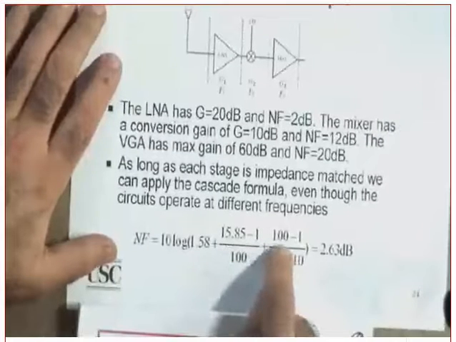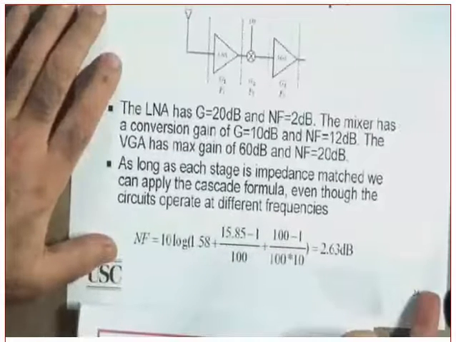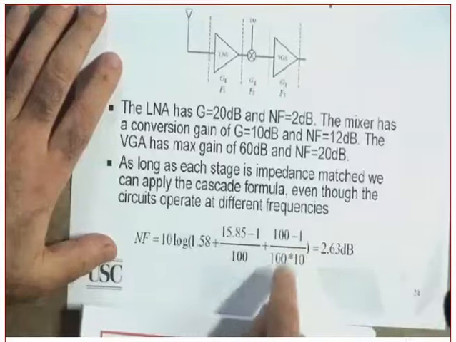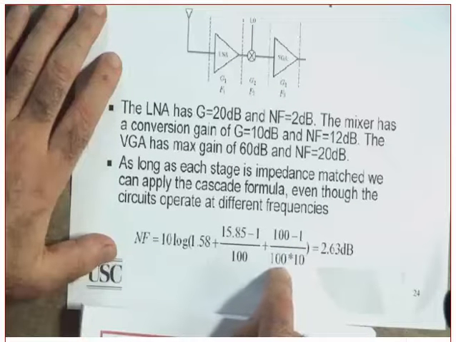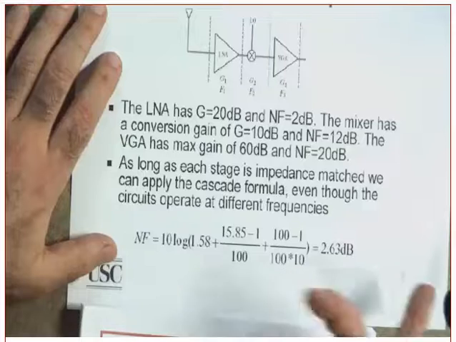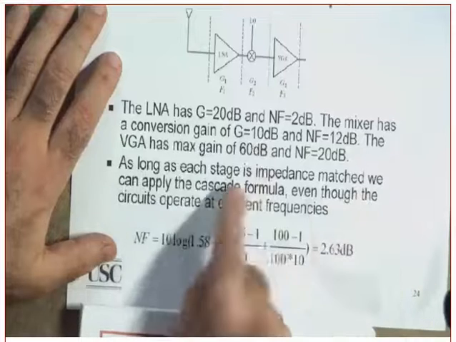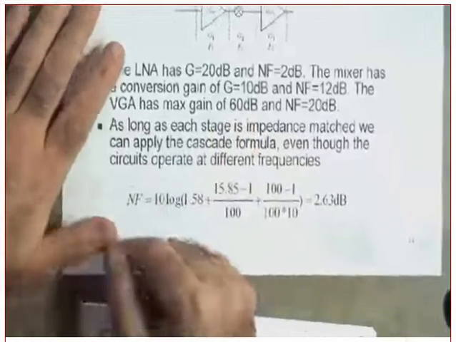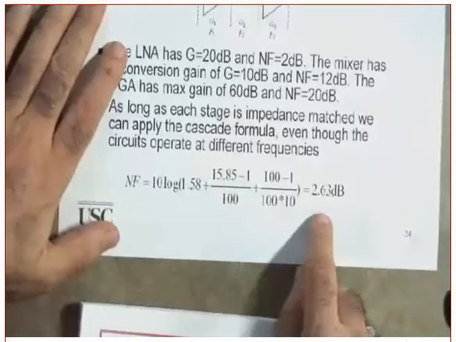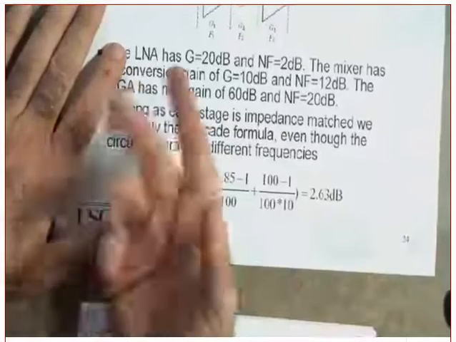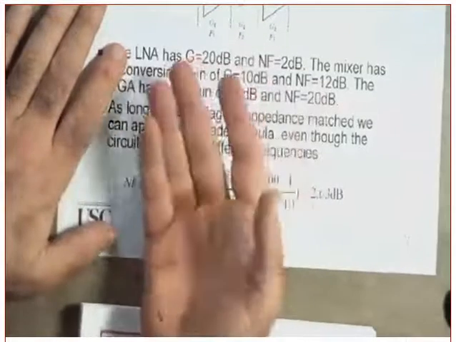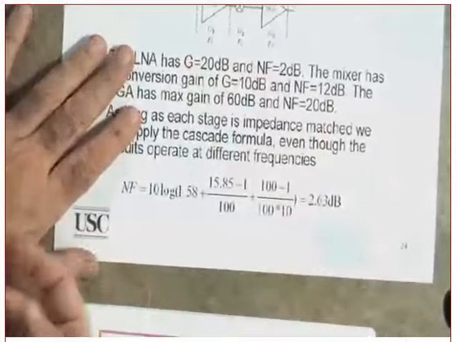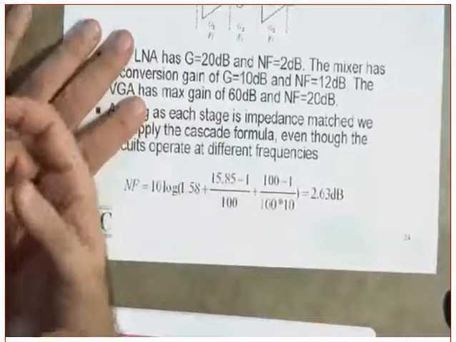That's the 20 dB. Plus 100 minus 1 divided by 10. Where did 10 come from? That's the conversion gain. By the way, the VGA's noise figure did not get into the picture. Clear? You ended up with 2.63 dB. How much was the noise figure for the LNA? 2 dB. So it's just a little bit more than the LNA. Clear?